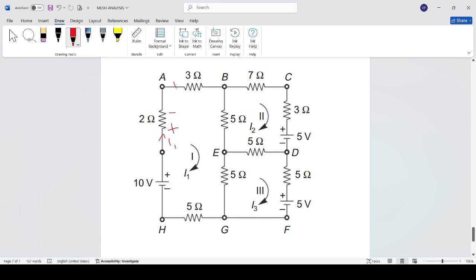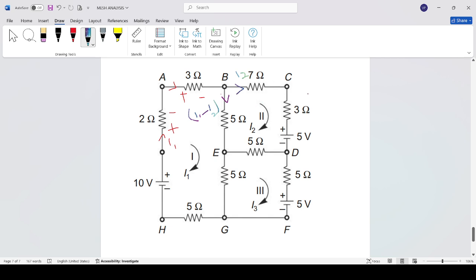The current coming here, this is positive and this is negative. At this junction, the current is divided into 2. This current is I2 and this current is I1 minus I2. So I1 minus I2 is flowing through this 5 ohm resistor.